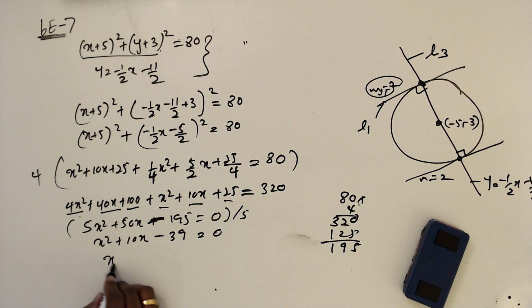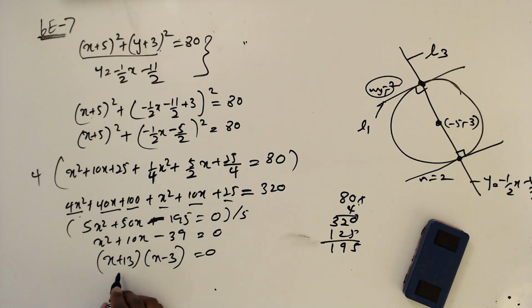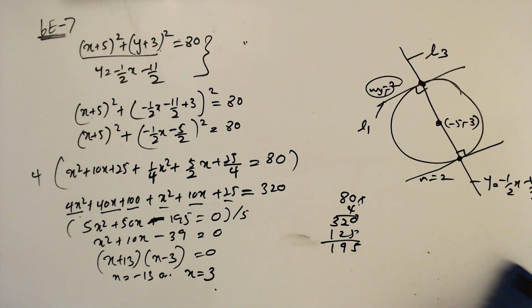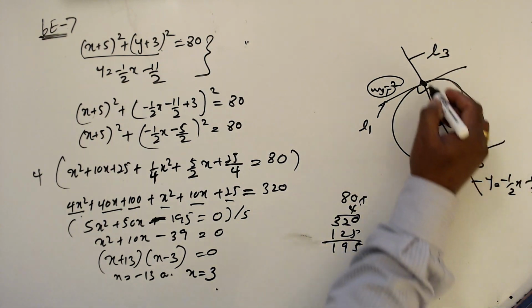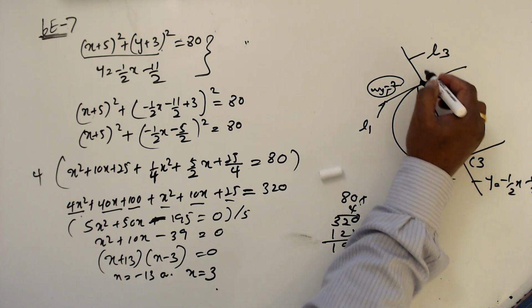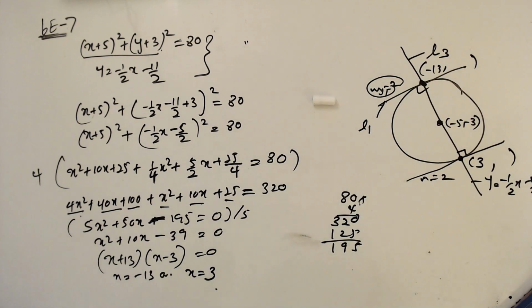So I can break this one: x plus 13 and x minus 3 equals 0. x equal minus 13, no, x equal 3. Now I found one point has x equal 3, the other point has x equal minus 13. Now I want to find the y values.